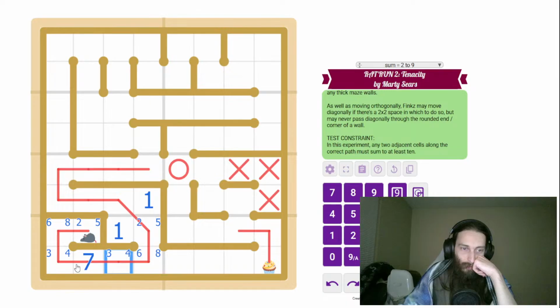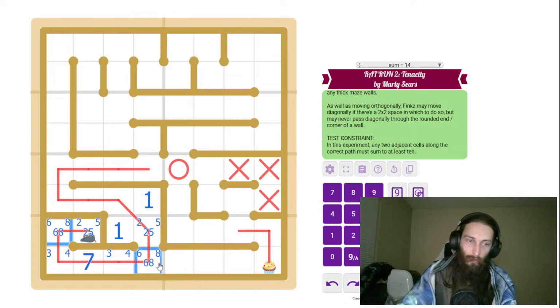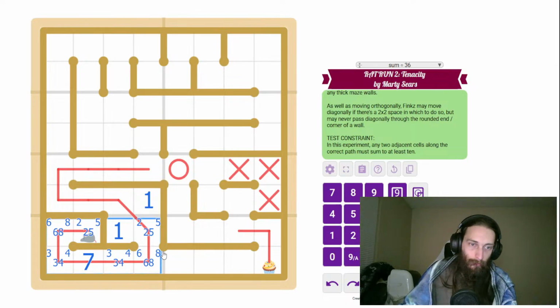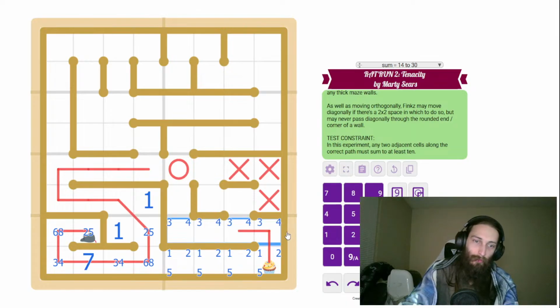So that gives us 4 on the opposite side and then a 6. And then the last possible digit is a 5, so yeah. So 2, 5, 6, 8, 3, 4. 1, 2, 5, 3, 4, 7.